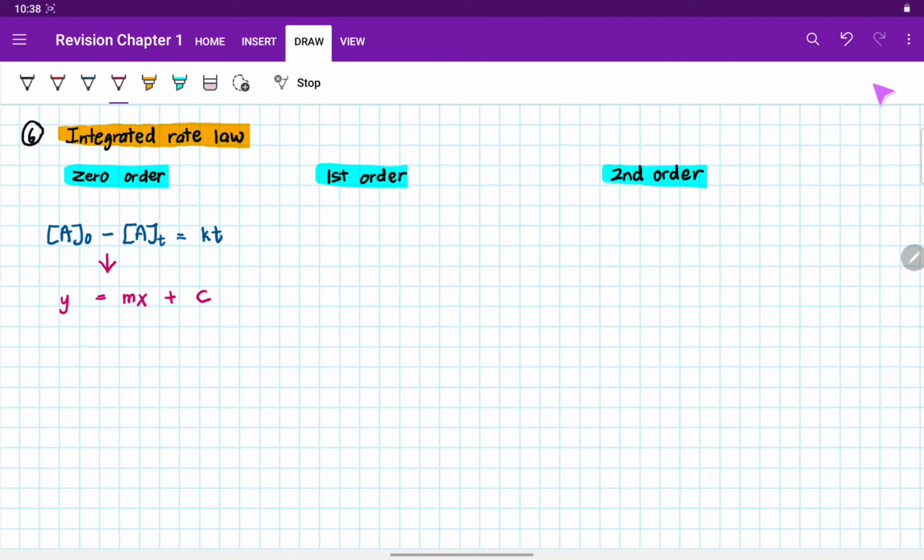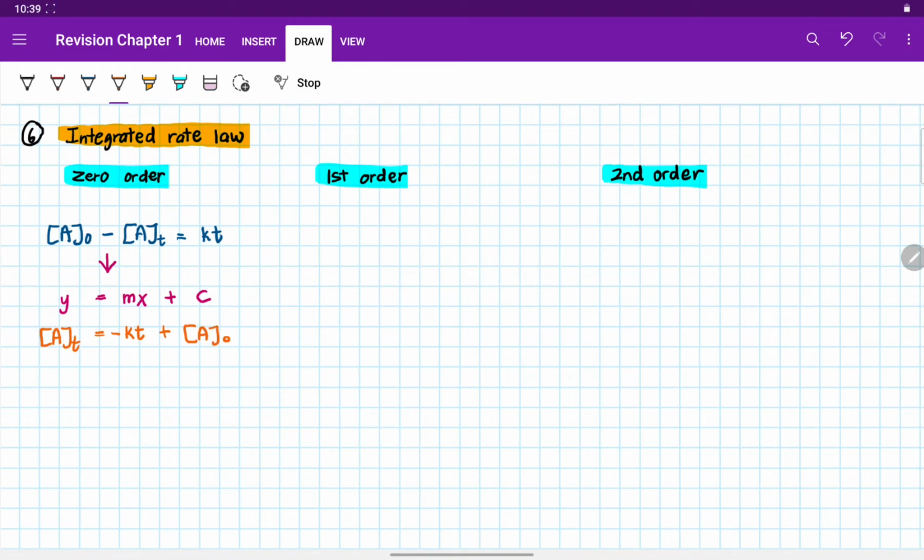Jadi, bila kita susun, okay, kita akan jadikan y, A minus t, kita pindahkan ke kanan ataupun kita jadikan dia positif. So, kita akan dapat kat sini At. Okay, Kt ni dia akan pindah ke kiri. So, dia akan jadi minus Kt dekat sini plus our c over here is our A0. Okay, as you know, c is the y-intercept. Okay, so A0 dekat sini.